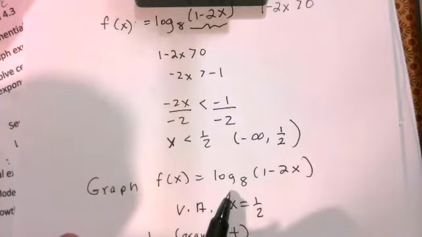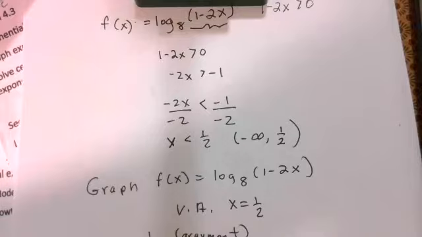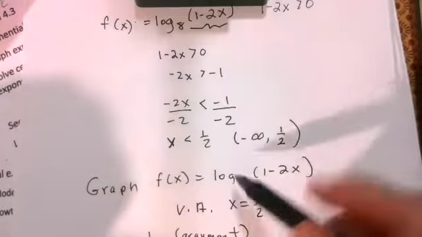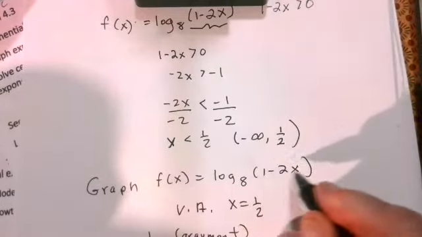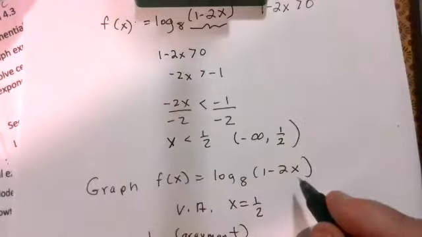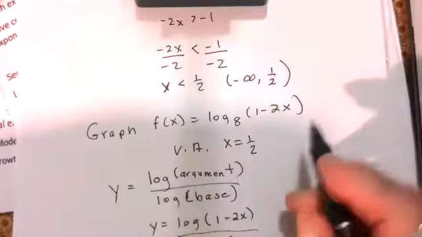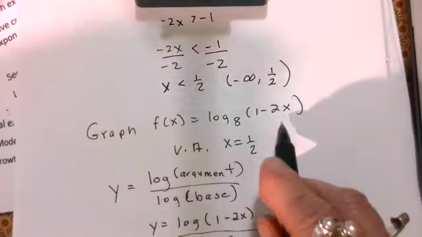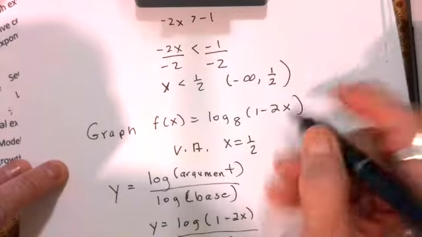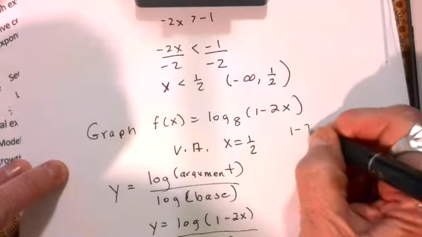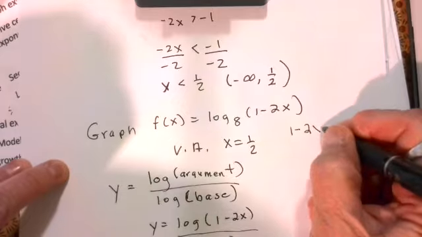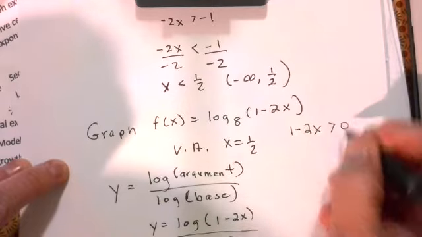And then say you want to graph this. What's going to happen here is, well, actually, don't think about transformations, but think about what would make this equal to 0, or just say it's got to be greater than 0.